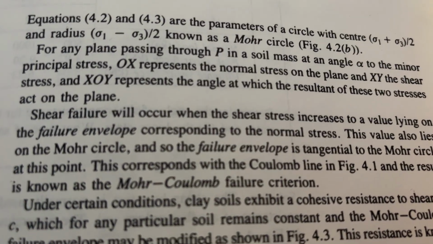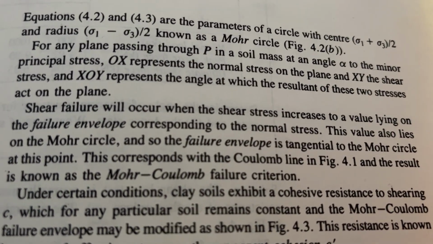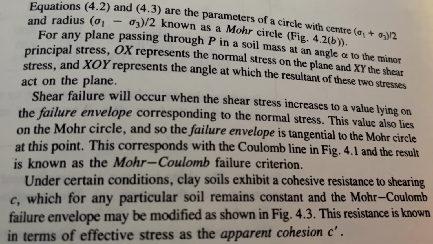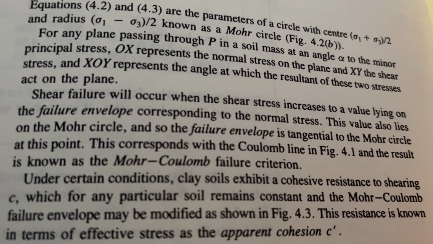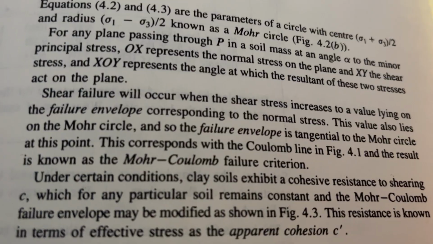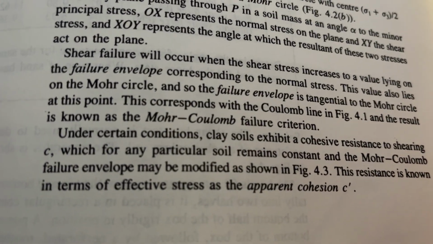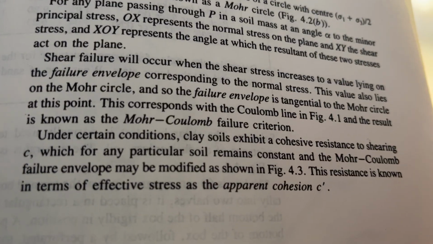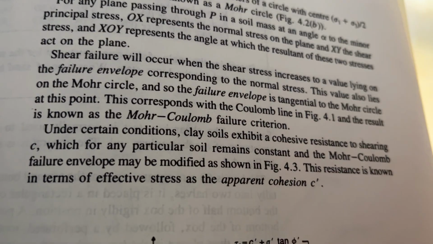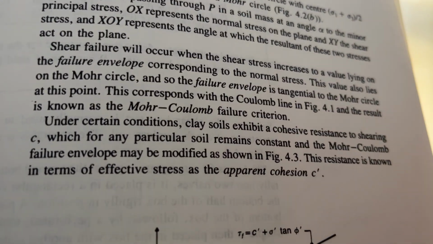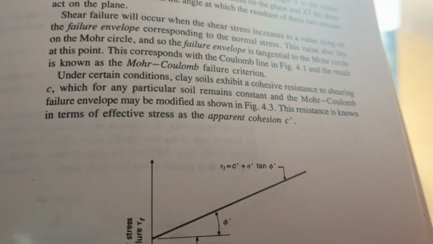This value also lies on the Mohr's circle, and so the failure envelope is tangential to the Mohr's circle at this point. This corresponds with the Coulomb line in figure 4.1, and the result is known as the Mohr-Coulomb failure criterion. Under certain circumstances, clay soils exhibit a cohesive resistance to shearing, c, which for any particular soil remains constant, and the Mohr-Coulomb failure envelope may be modified as shown in figure 4.3.